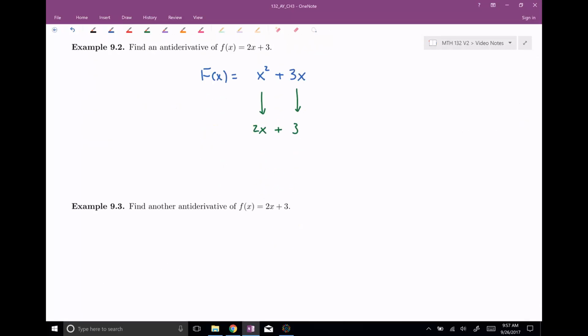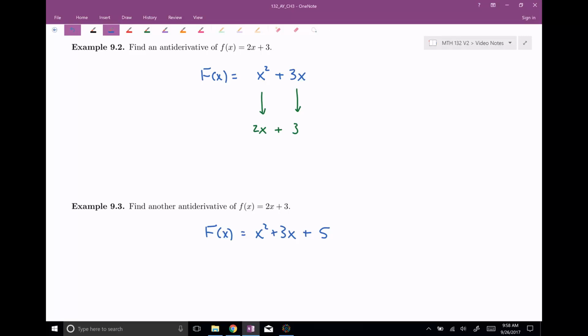So again, find another antiderivative of 2x plus 3. All right, well, we already found one here, and we want to know how can we find a different one. Well, the claim is, let's start with f of x is equal to x squared plus 3x. But then if you were to add any constant to this, if I was to add plus 1, or plus 5, or whatever your favorite number is here, you can even do crazy things like plus pi or minus 100.